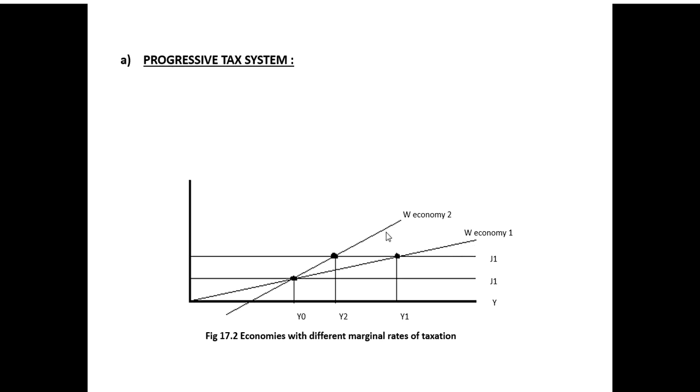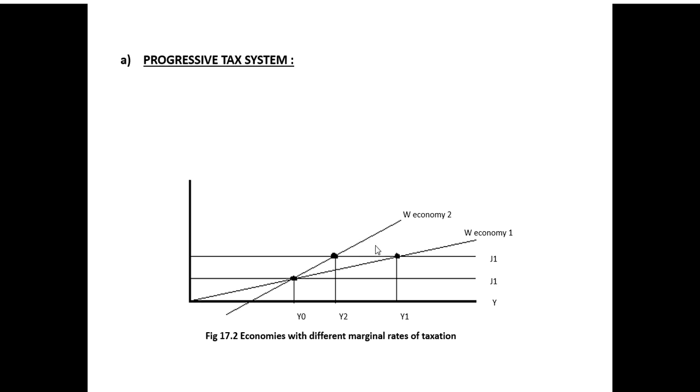And then there is another economy where the withdrawal line is much steeper. We are assuming here that in economy 2, the withdrawals are steeper because the propensity to tax is much higher. That's why the withdrawal line is rising more steeply.